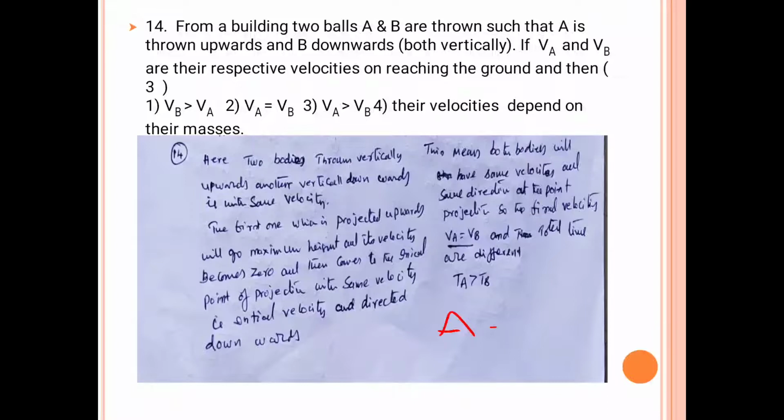So both these velocities should be equal, but the total time of flight will be different. That is TA is greater than TB. So here the option is VA is equal to VB.